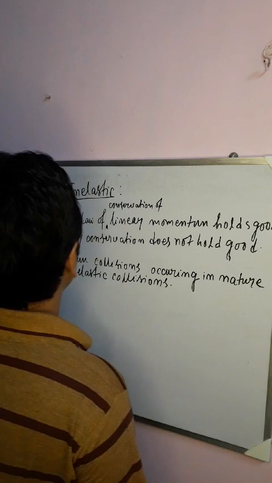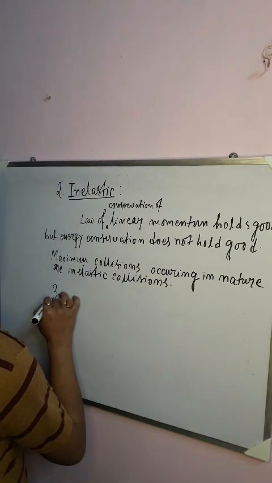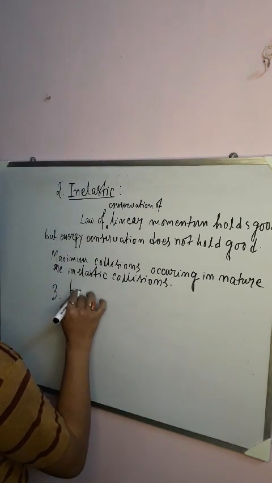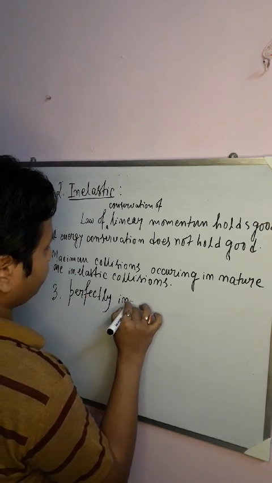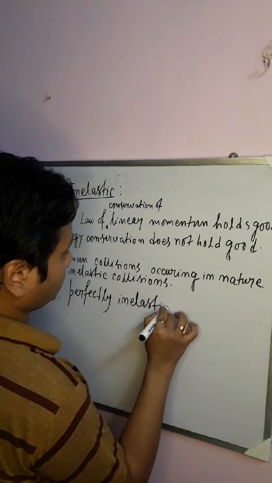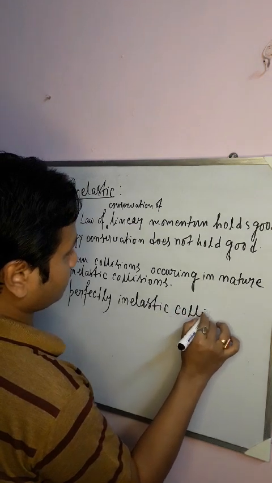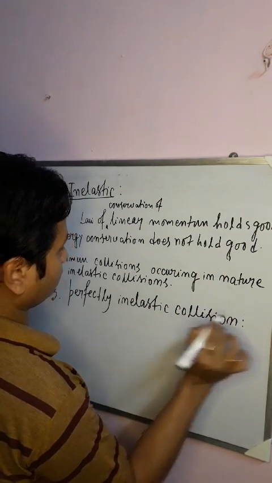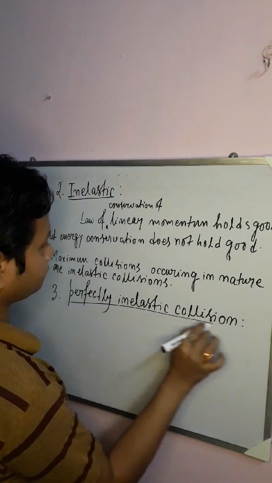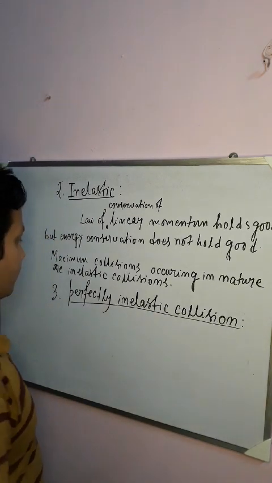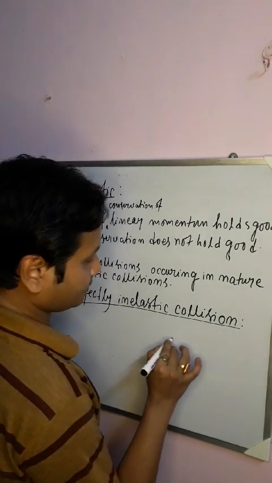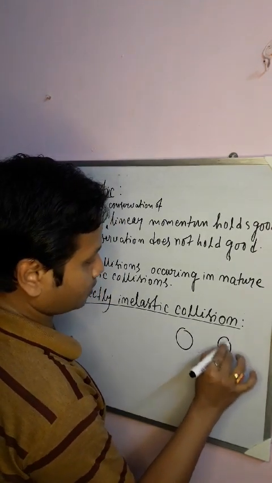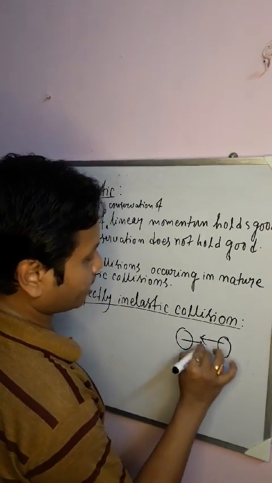Now there is another type of collision, that is perfectly inelastic collision. So what is a perfectly inelastic collision? Suppose there are two bodies that collide with each other.